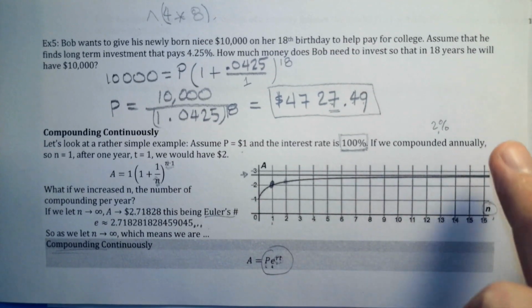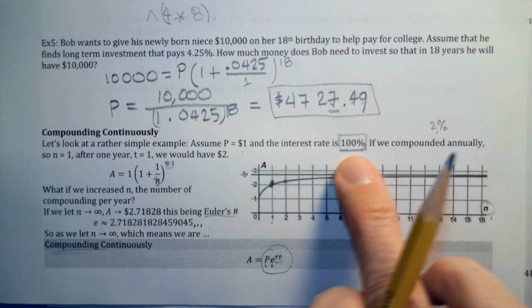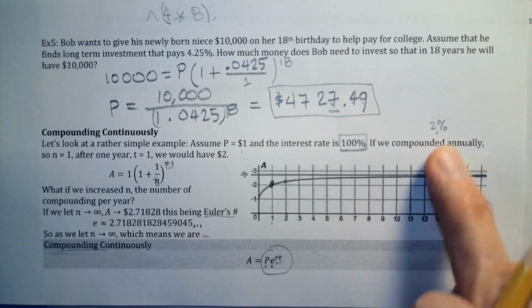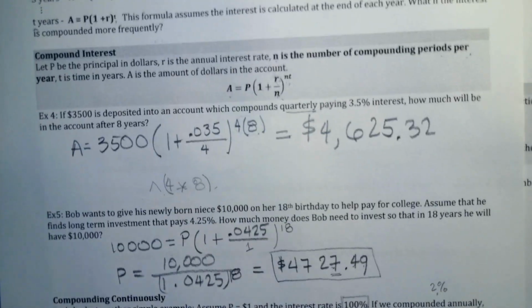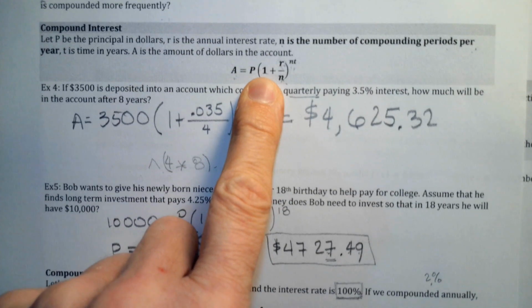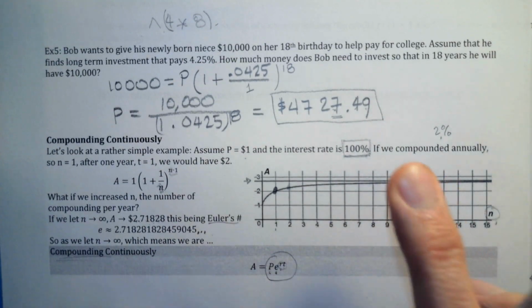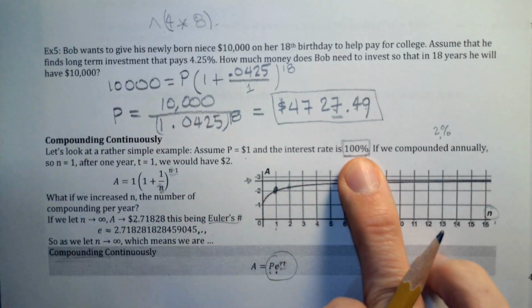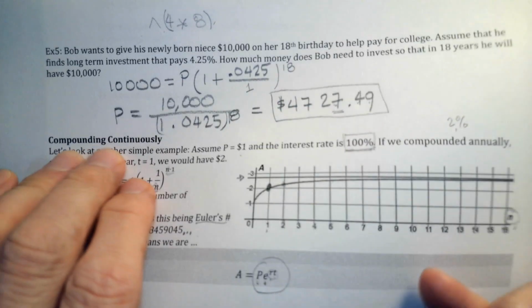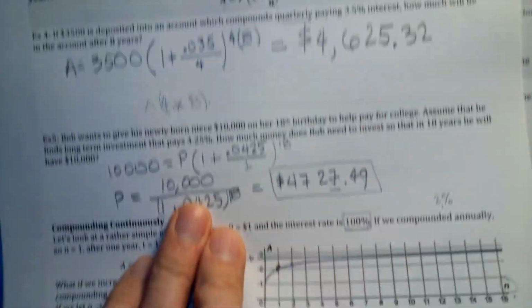But with such a small interest rate compared to 100% or even 4%, you're not going to see a huge difference between compounding, say, monthly and compounding continuously. Now, if you do this for decades, yeah, you're going to see a difference. Or if you have really high interest, then yes, you're going to see a big difference. But generally, you're not going to see a huge difference between these.